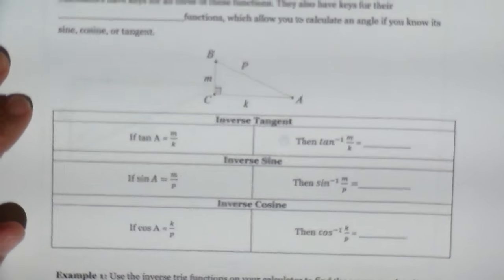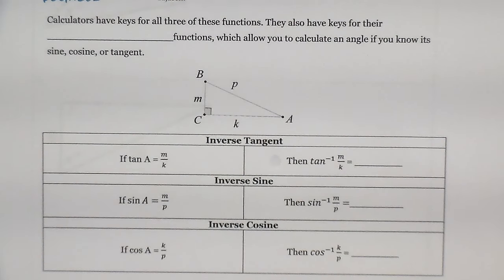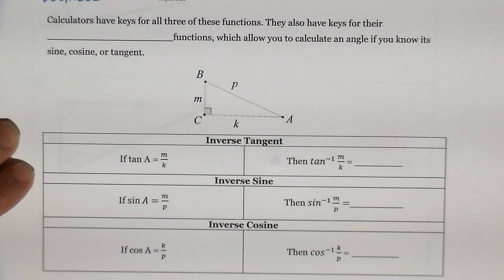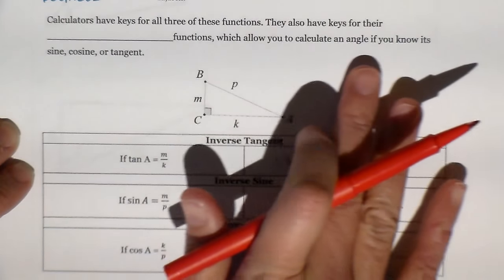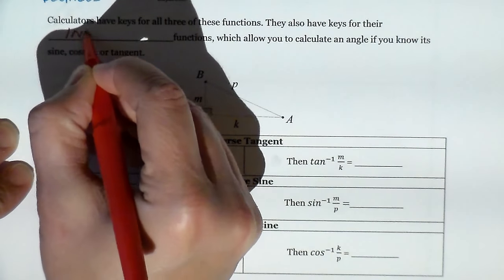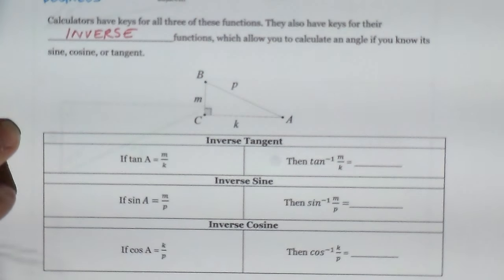All right, so let's move up. Right here it says, calculators have keys for all three of these functions. They also have keys for their blank functions, which allow you to calculate the angle if you know its sine, cosine, or tangent, and the answer to that is inverse. We are now looking at what we call inverse functions, okay?